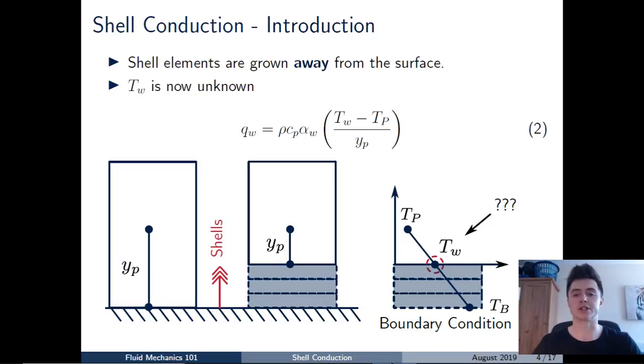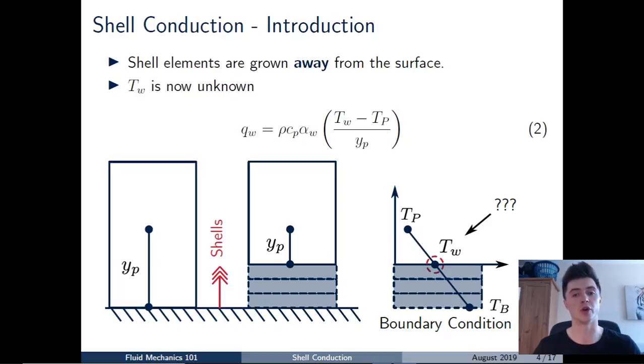In order for us to determine the heat flux away from the wall, we know Tb, the boundary temperature we apply, and Tp is the temperature at the cell centroid. However, the wall heat flux is given by the gradient in the fluid there, and so the temperature Tw is now unknown.